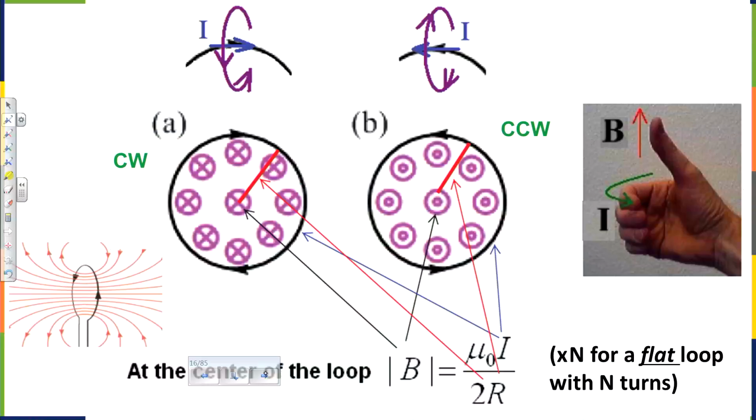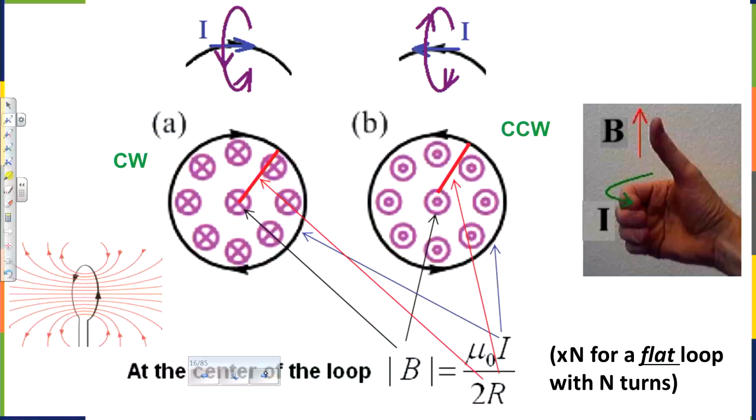I grab this part of the loop, and magnetic field lines here are supposed to be like this, and here like this. But there is an easier right-hand rule, which probably by now is right-hand rule number 6. If you have electric current in the loop, you can use your right hand and curl your fingers in the direction of electric current. The thumb will show you automatically the direction of magnetic field inside the loop. Outside, of course, it's going to be opposite.